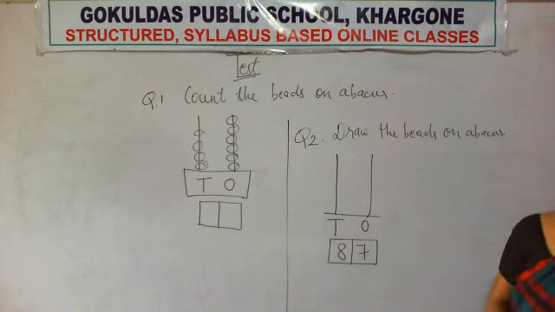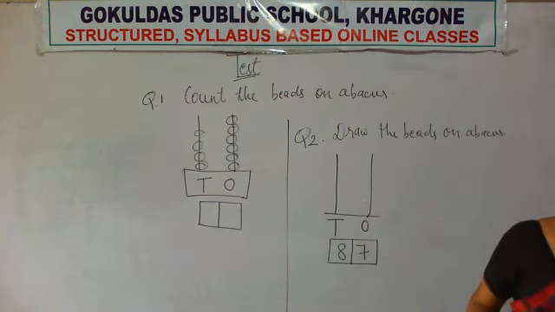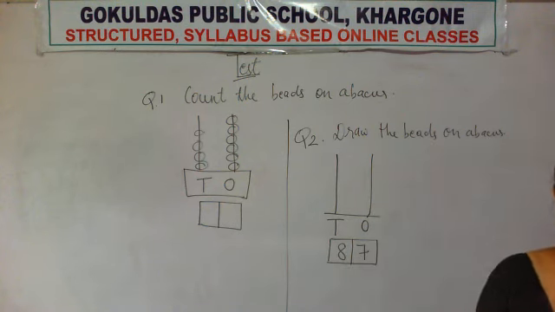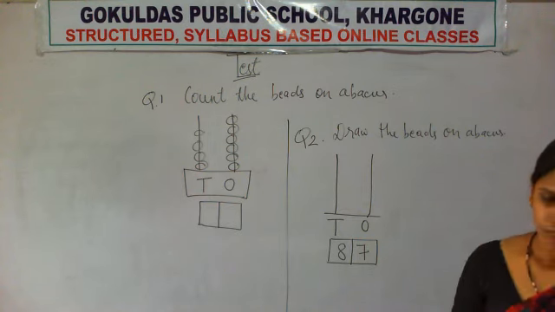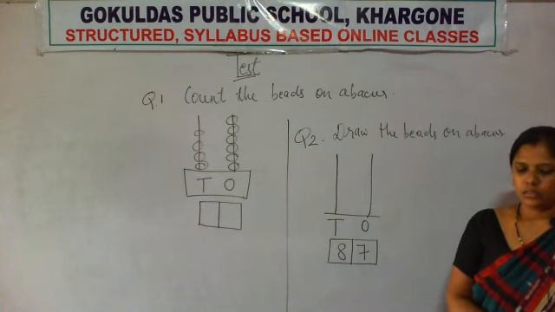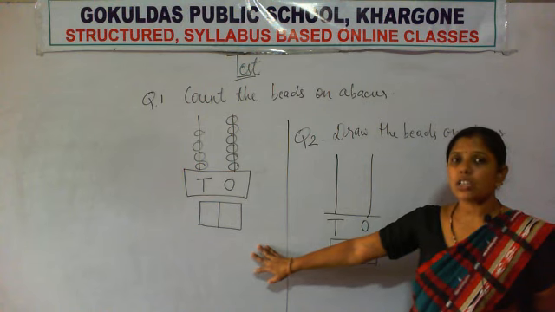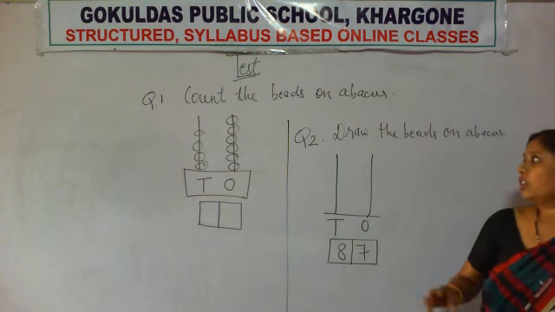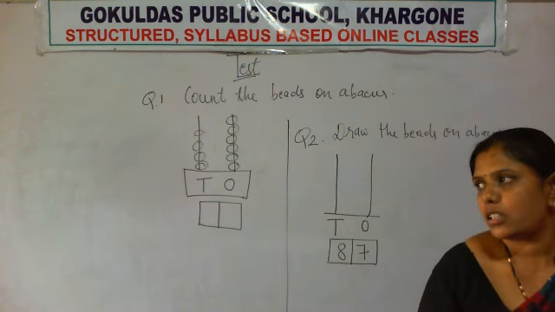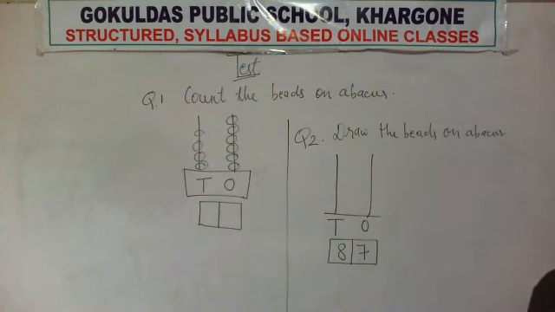Afterwards I will write the answer also, and when I am writing the answer, you check in your copy and mark right. Now do the second question. Draw the beads on abacus. Fast, and write neatly, all of you.